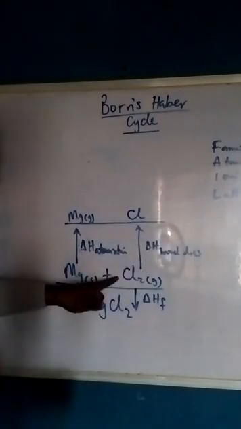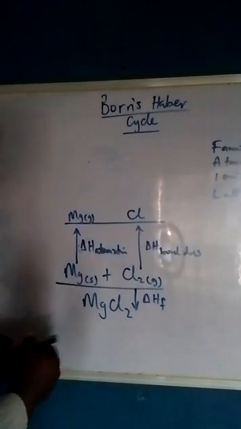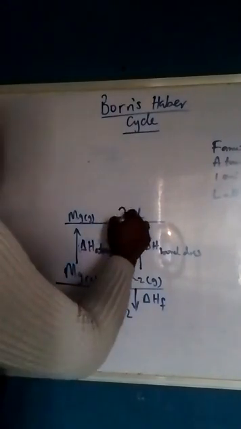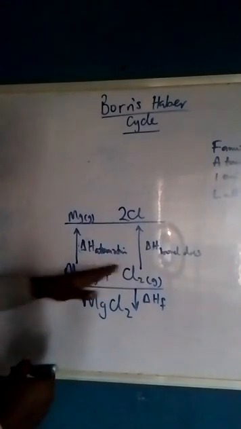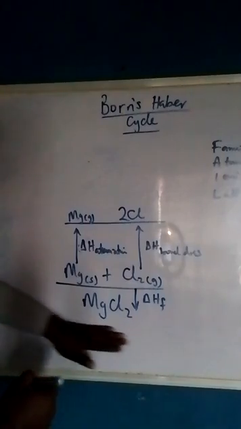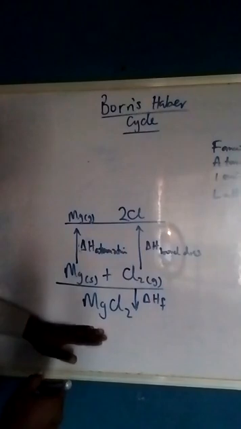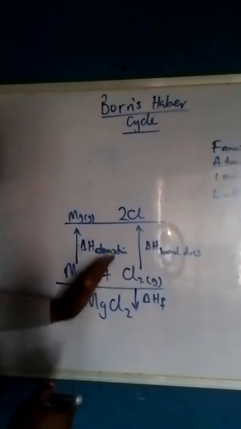But if you look here, the equation is balanced. We have two atoms of chlorine here, so we'll put a 2 to signify the two atoms of chlorine. Are we together? So the Mg plus Cl2 gives us a balanced equation, that is MgCl2. It is 1 mole of magnesium solid reacting with 1 mole of chlorine gas.